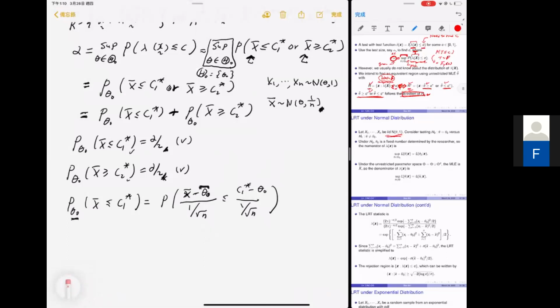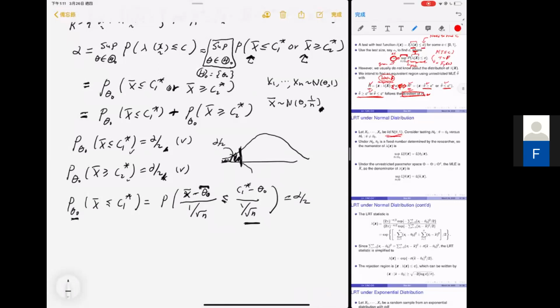Because that guy is normal 0, 1, and it is smaller than something right here, and the probability of being smaller than that something is alpha over 2, this area is alpha over 2. If that area is alpha over 2, what does that mean?